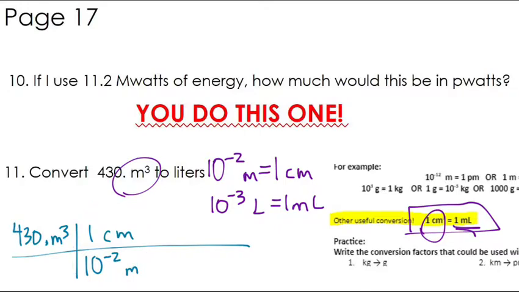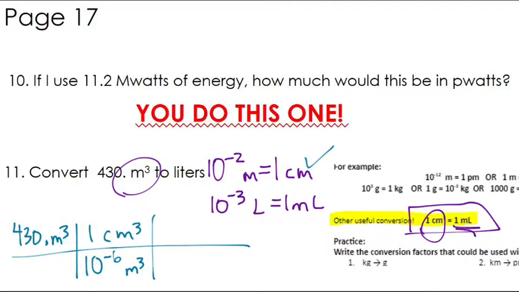All we've got to do is cube those units and cube these numbers. So 1 to the third is still just 1. And 10 to the negative second raised to the third power is actually 10 raised to the negative sixth. So if we change that, then we've got the conversion that we need with those cubed units on it.